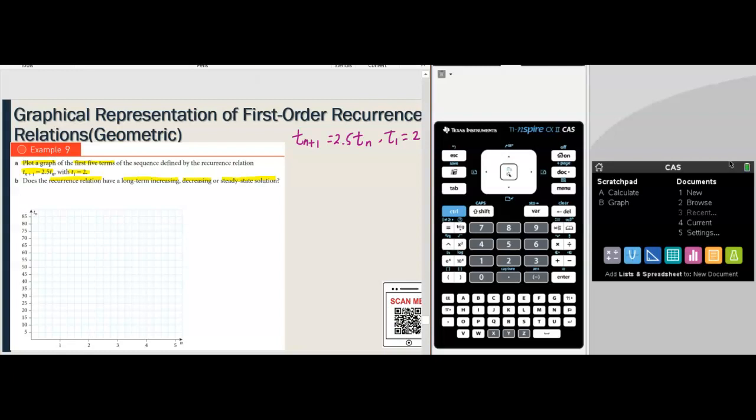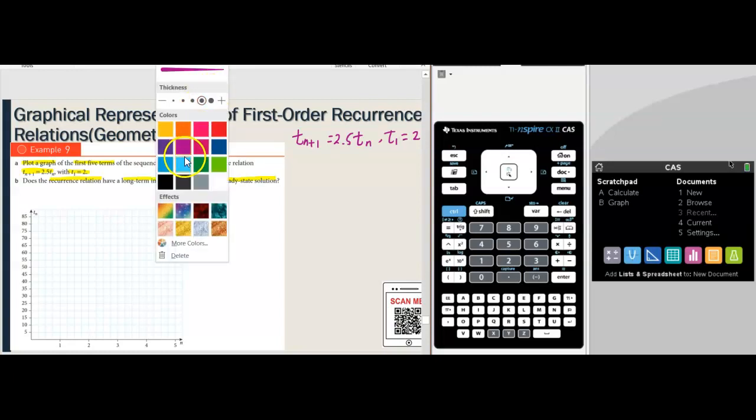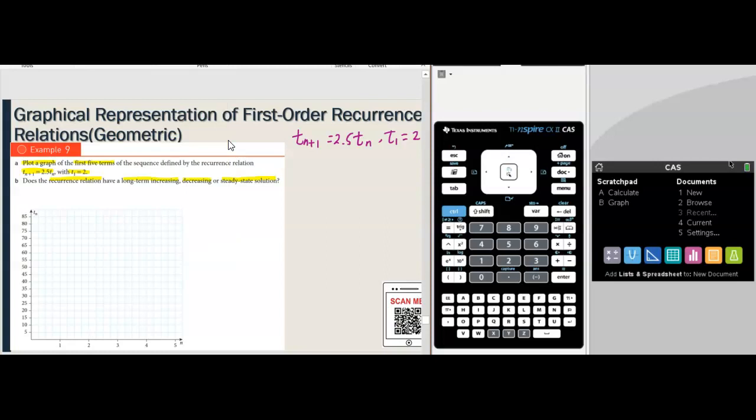Right, so if I want to use the calculator, I have to put it in the language of the calculator. If you have been using the CAS calculator, you know the calculator term is always in the form of Un, what is the previous term, 2.5 times Un minus 1. And the initial term for your CAS calculator is the same as here, which is 2.